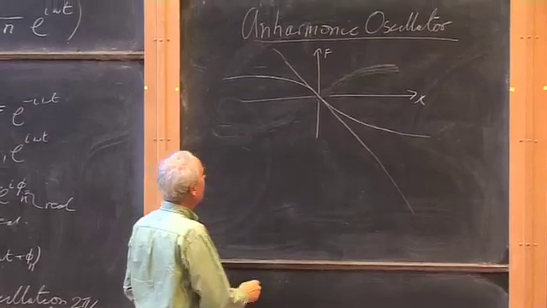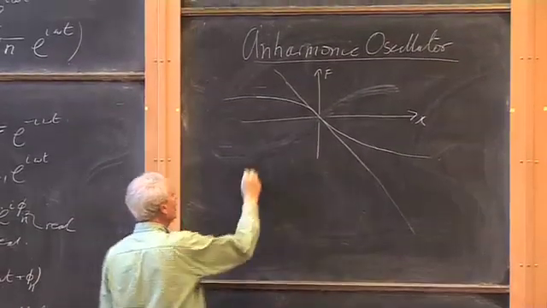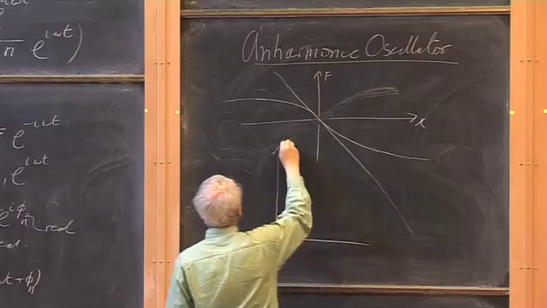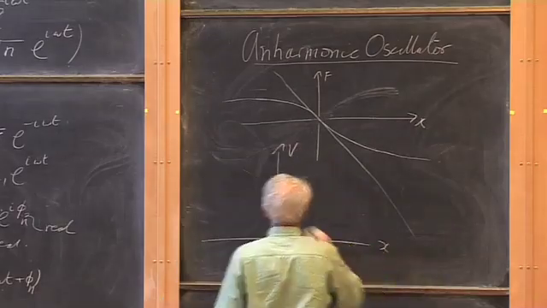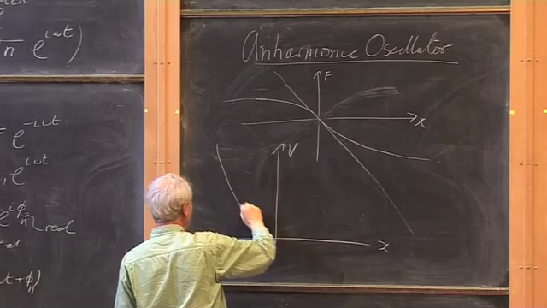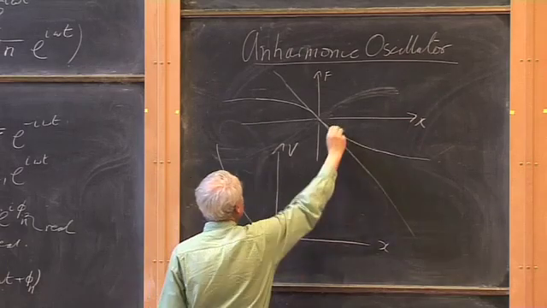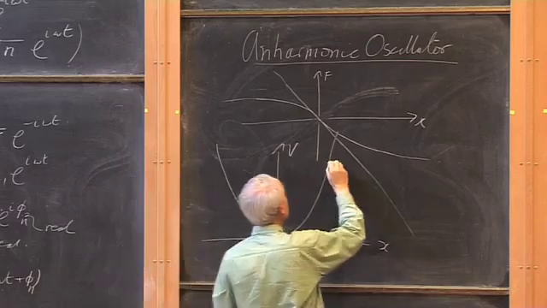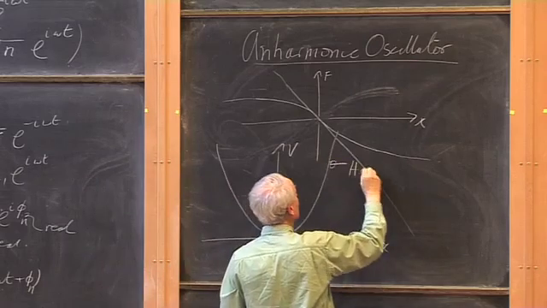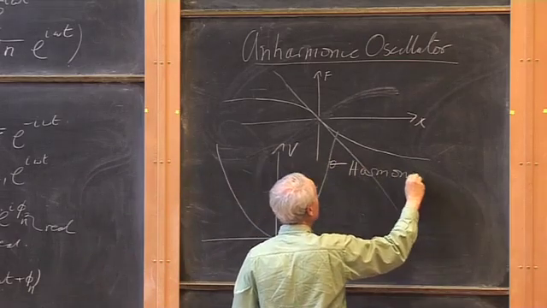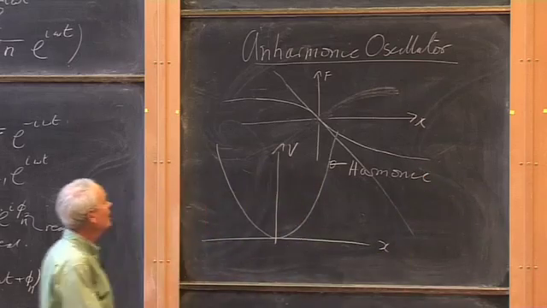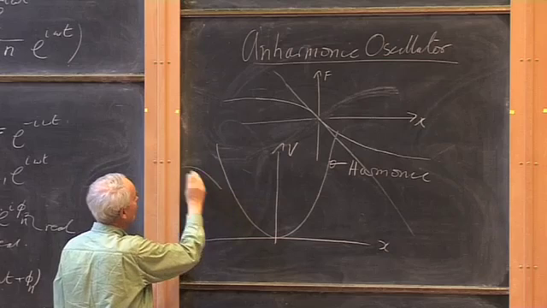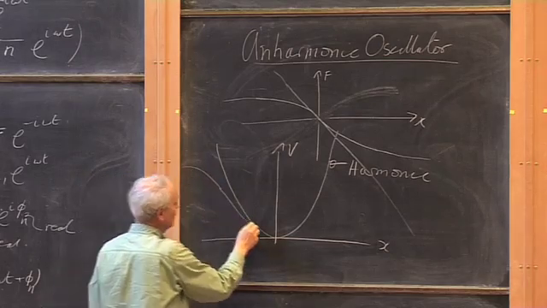So if we plot the potential V versus x, in the harmonic case, we have a parabola that looks like this and disappears off to infinity. So this is the harmonic oscillator. But in a real oscillator, the potential curve starts from some finite value at infinity.